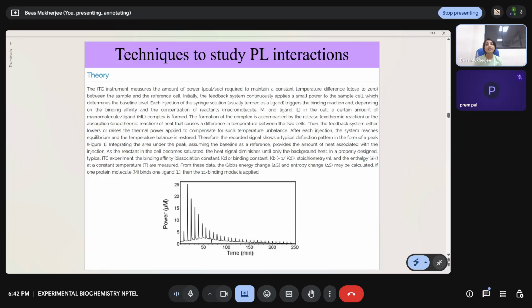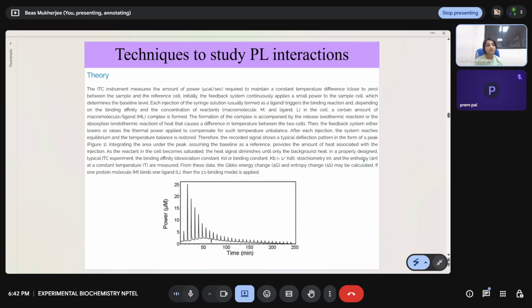Okay, so integrating the area under the peak, taking the baseline as a reference, provides the amount of heat associated with the injection. As the reactant in the cell becomes saturated, the heat signal diminishes until only the background heat remains. In a properly designed typical ITC experiment, the binding affinity or dissociation constant Kd, or binding constant Kb, that is 1 by Kd, stoichiometry N, and enthalpy delta H at a constant temperature T are measured.